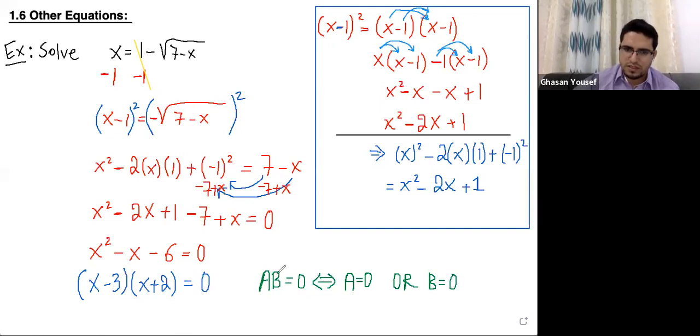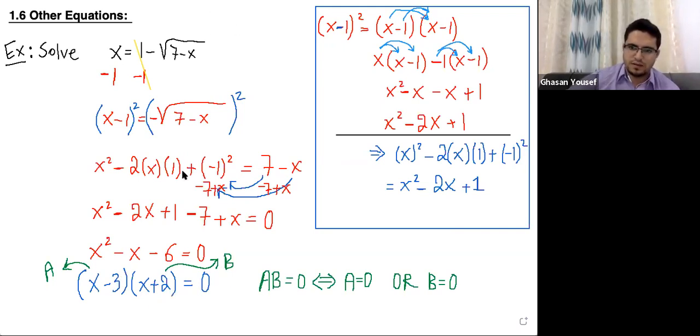So by using the zero product property, if I have a times b equals 0, this means a equals 0 or b equals 0. The same thing here. If this is my a and this is my b, then a times b equals 0, so a equals 0.